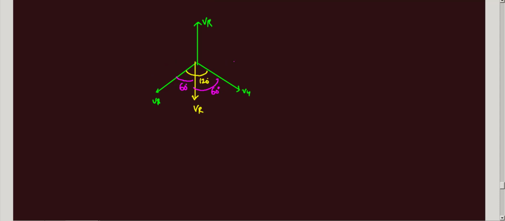So now I don't have this minus VR. Okay, but you represent it like this. So let me place VR like this. Okay, for understanding purposes, now I want VRY, VYB and VBR.